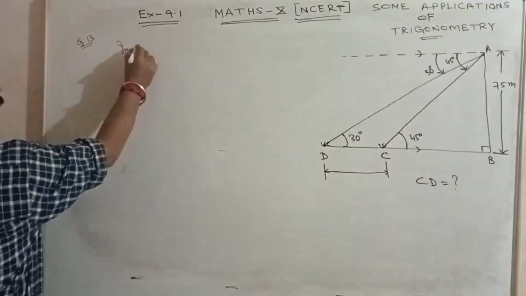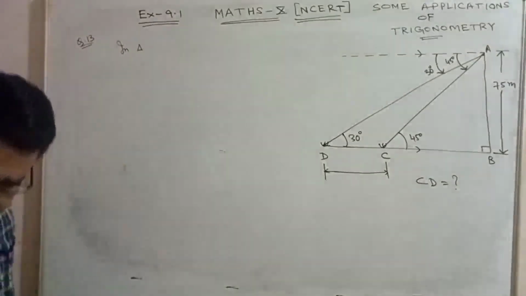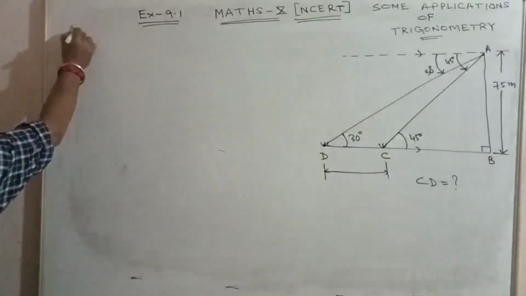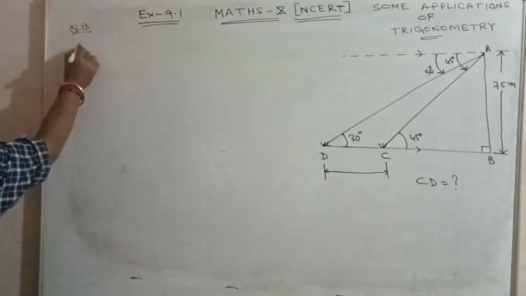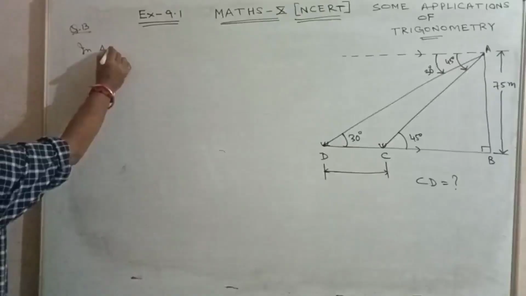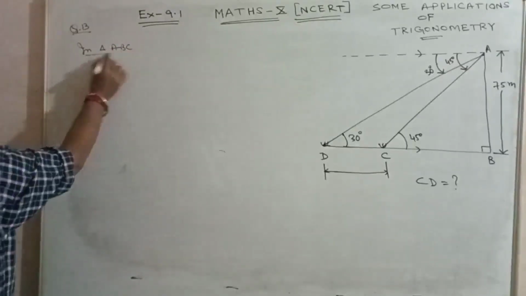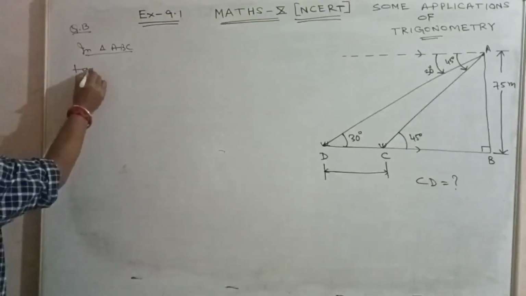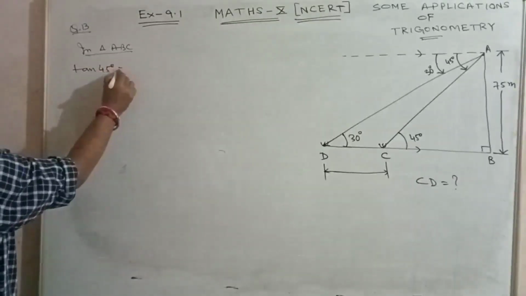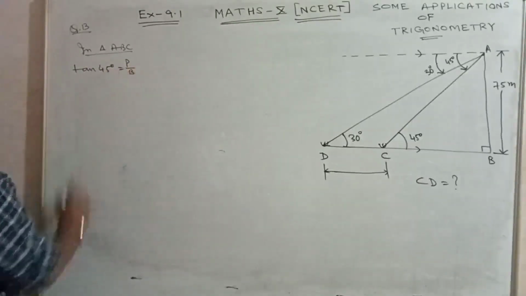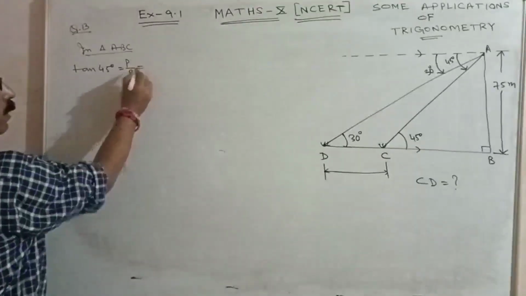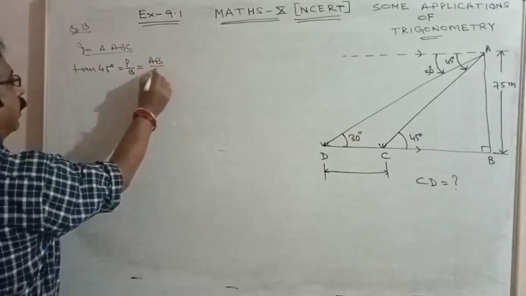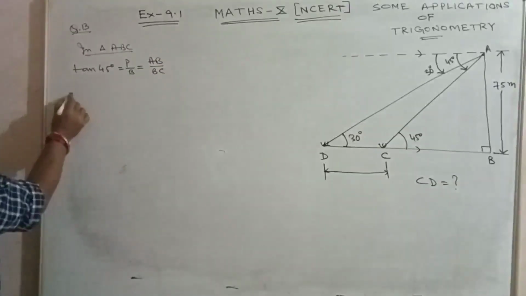In triangle ABC, tan 45 degree equals to perpendicular upon base, means AB upon BC. Tan 45 degree is 1.